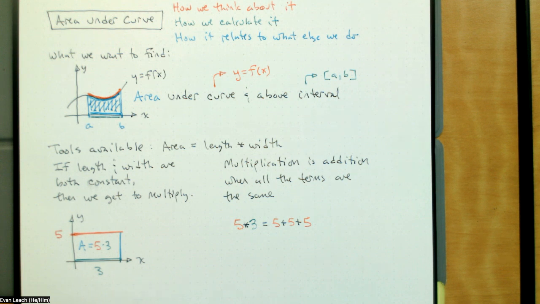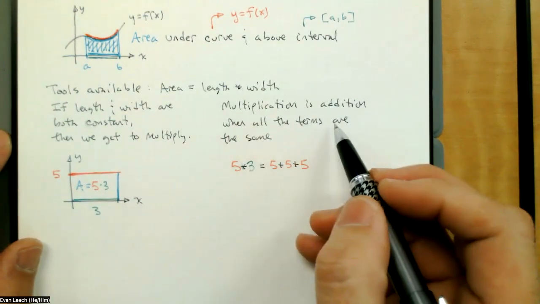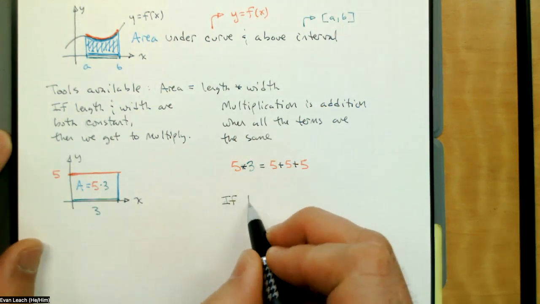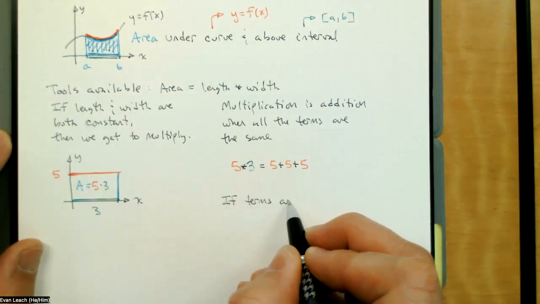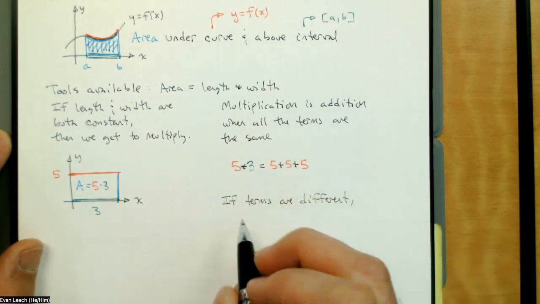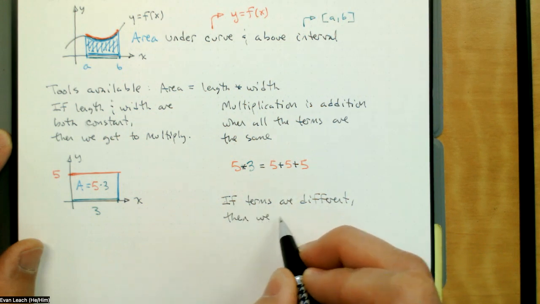If the terms are different, then we're kind of stuck with multiplication. So multiplication is addition when all the terms are the same. If the terms are different, then we stick with addition.